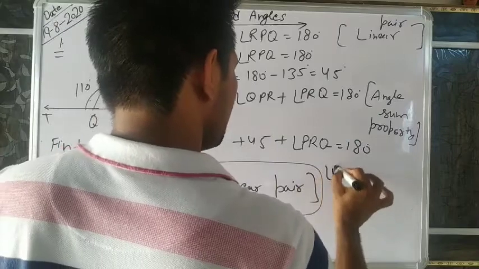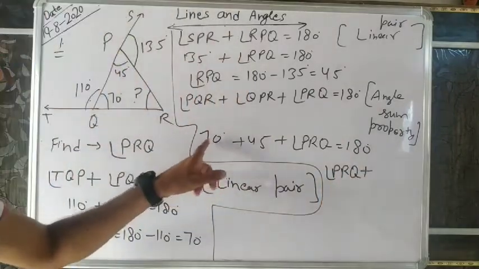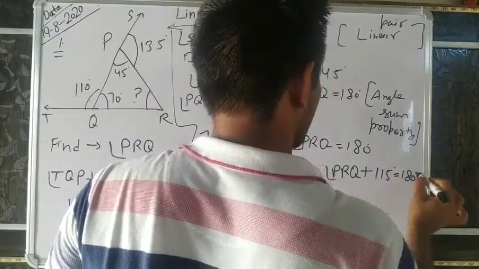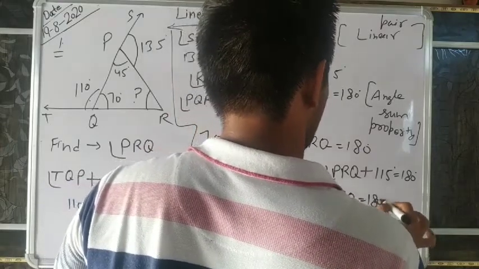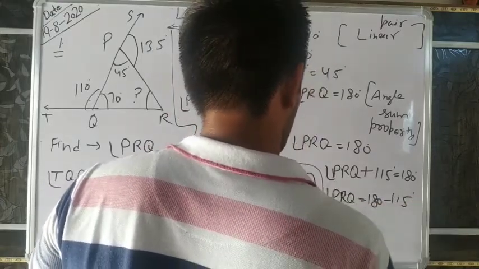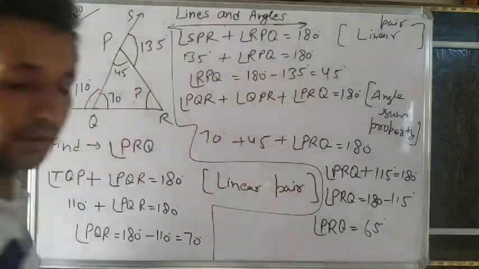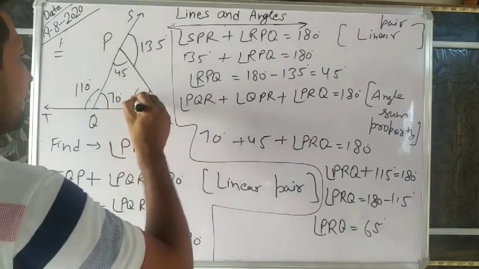So angle PRQ plus 70 plus 45, which is 115, is 180. So PRQ equals 180 minus 115. So angle PRQ equals 65 degrees. Understand? So it is 65 degrees.